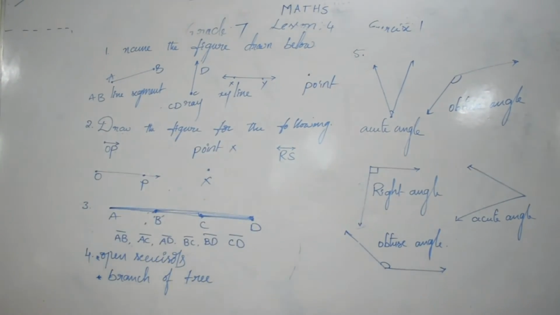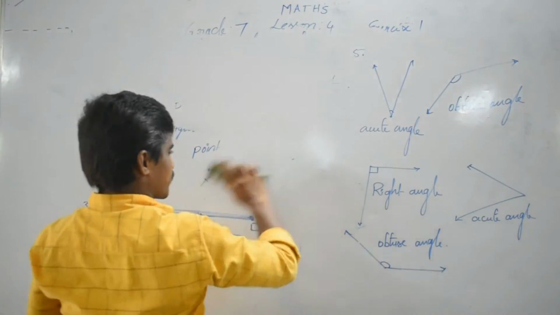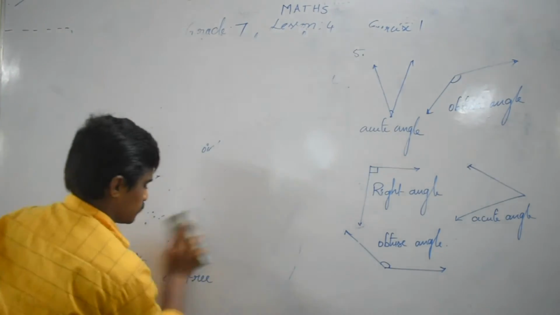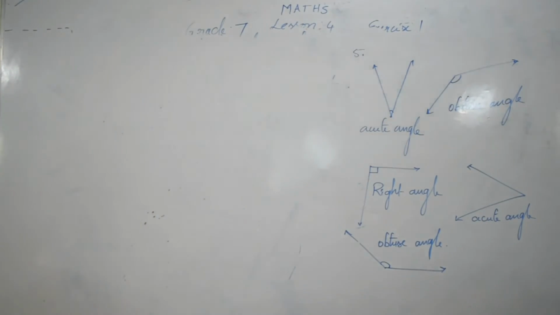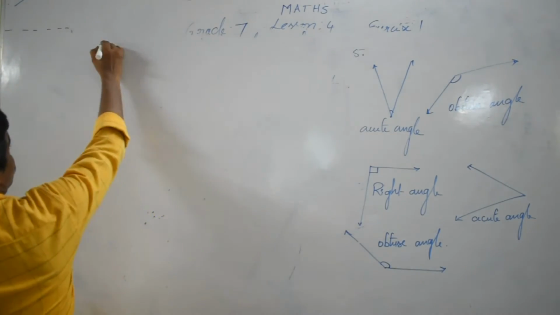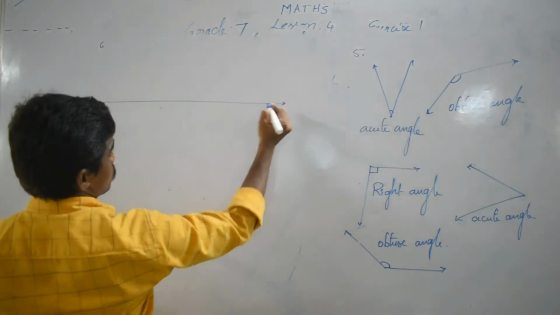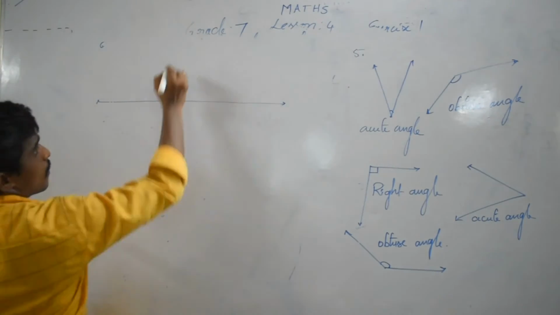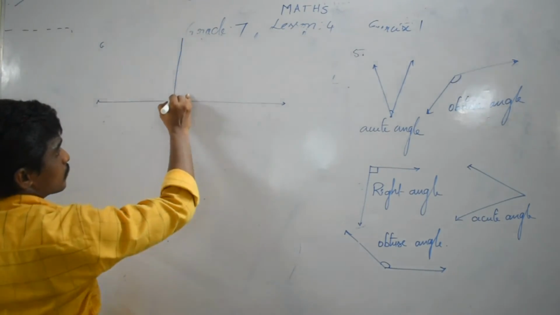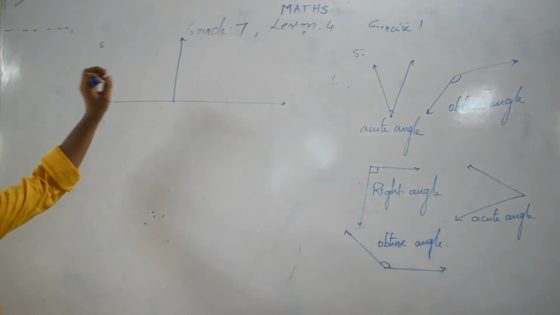Next one, sixth problem. They have given one picture. What does this angle show? Right angle.